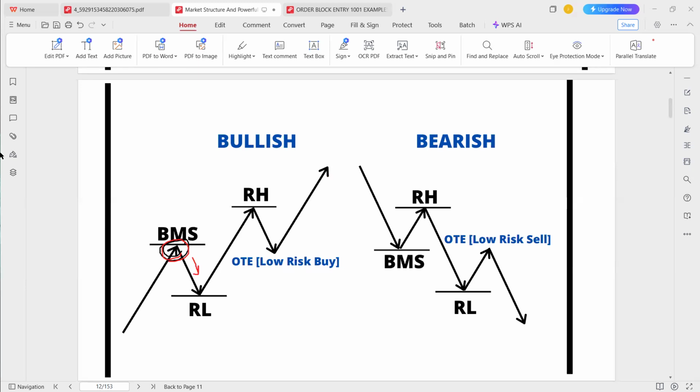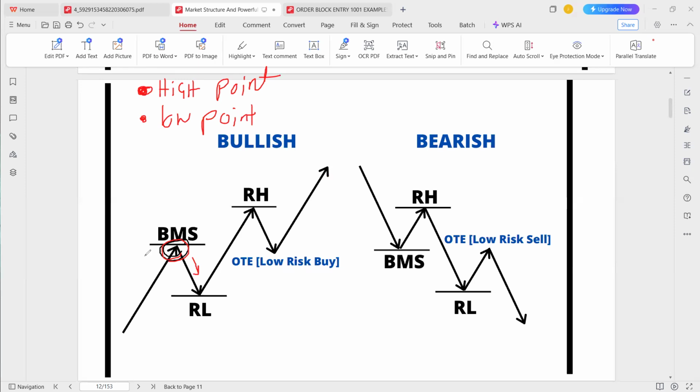For you to have a range, you need to have a high point right here, and you need to have a low point. Then whatever is in between, that is your trading range.